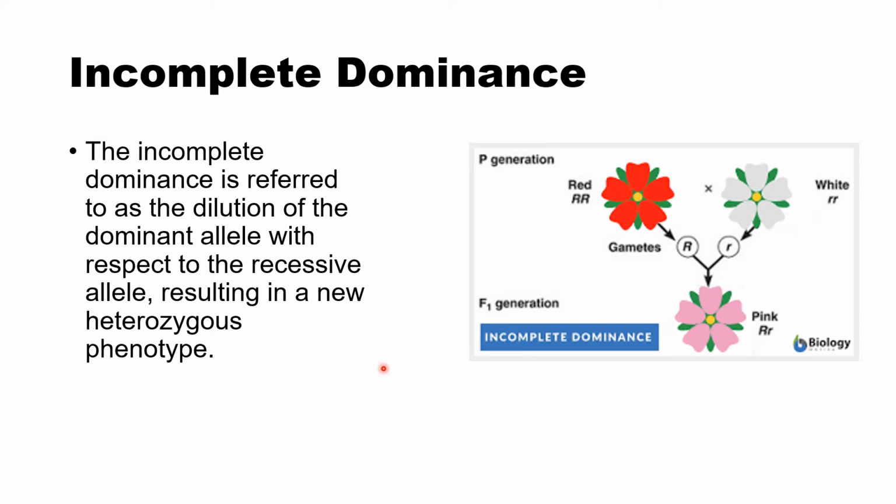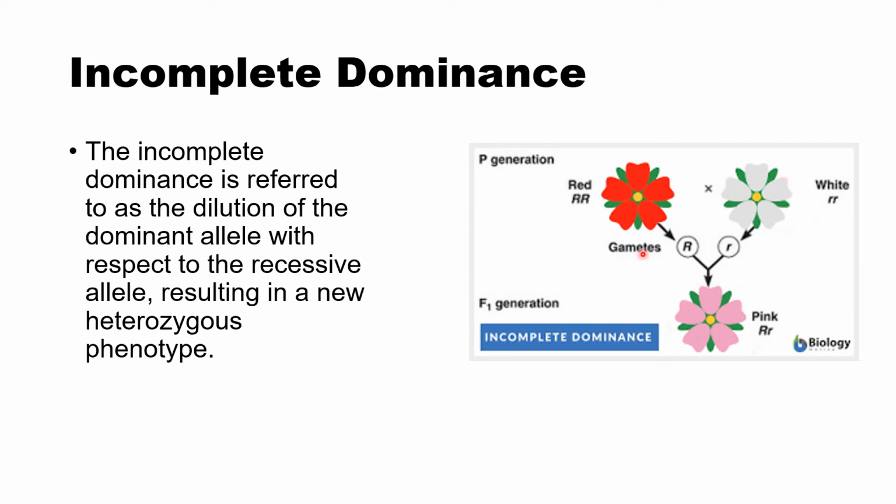So, meaning, sa incomplete dominance, may tatlong parang trait ka na makikita. So, yung isang trait, in this case, yung red color ng flower, that comes from the dominant allele na parent. And then yung isa is yung white color na flower, which comes from the recessive allele from the other parent.